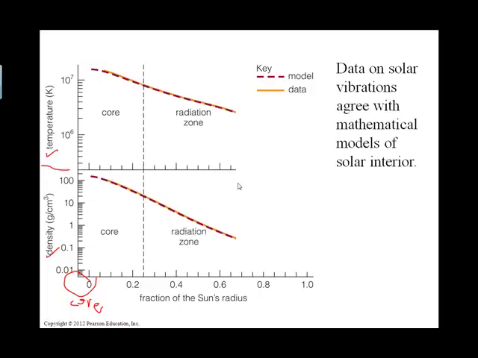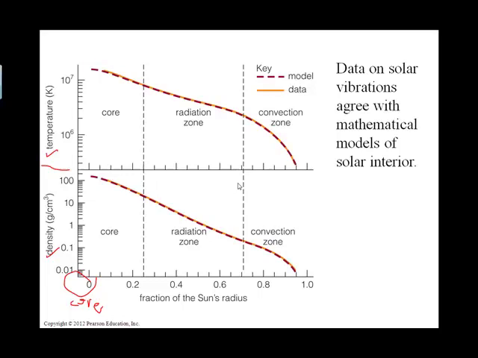As you might imagine, as we go out, and remember, around the core is the radiative zone, both the temperature drops and the density drops. Then we get to the convection zone, and again the temperature drops and the density drops. So see how well the predicted mathematical modeling agrees with the data that we see.